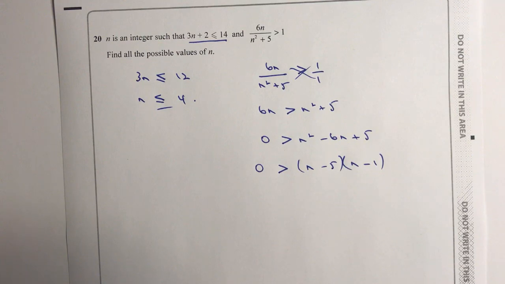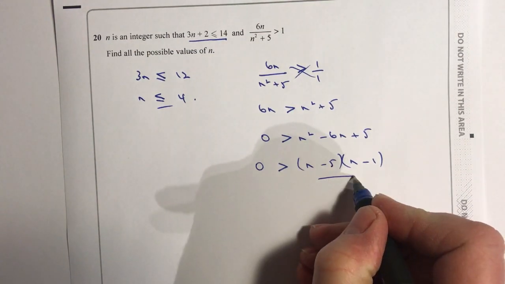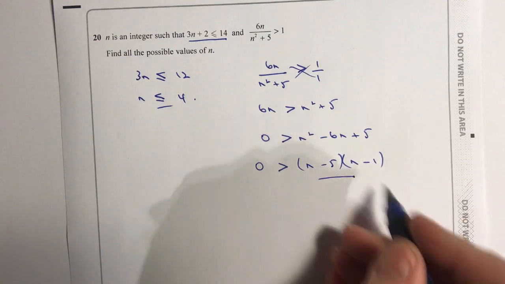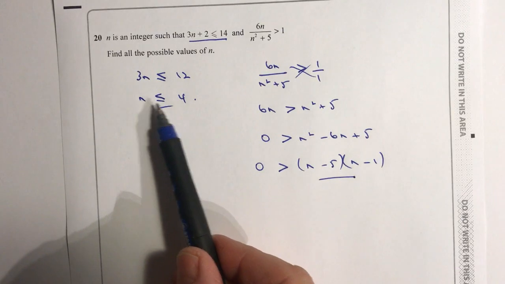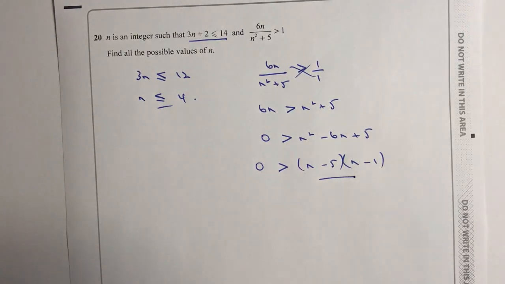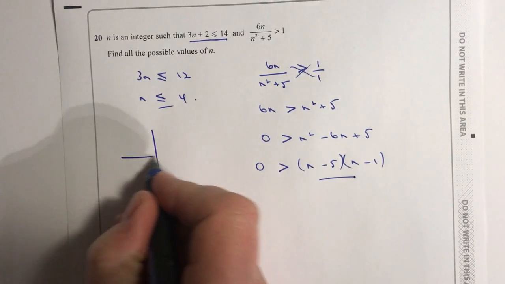So what we need to do now is put all of this together. I've got basically a quadratic, and these are the roots of the quadratic, and also I've got this value of n which is less than or equal to 4. If I drew a sketch of this quadratic, I'm going to have something like this.